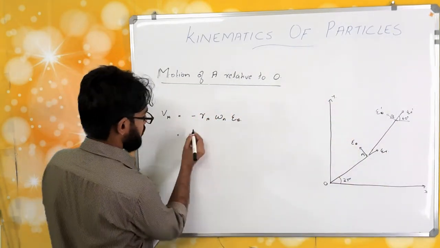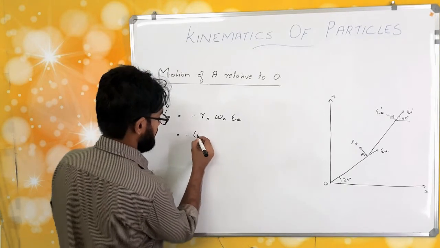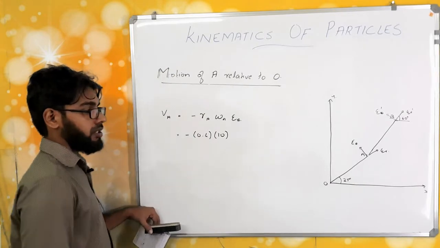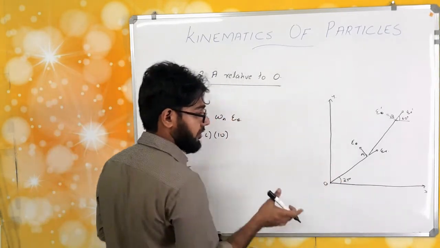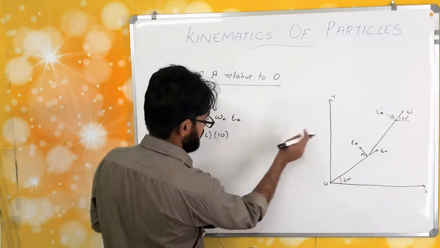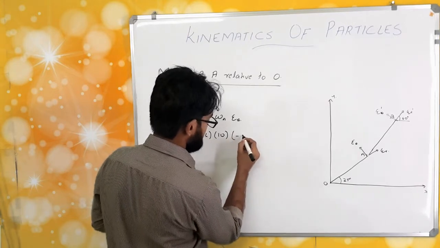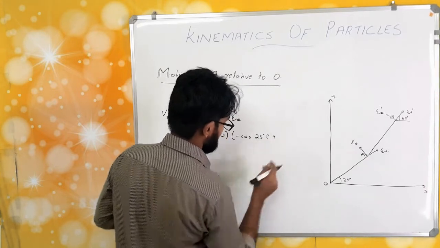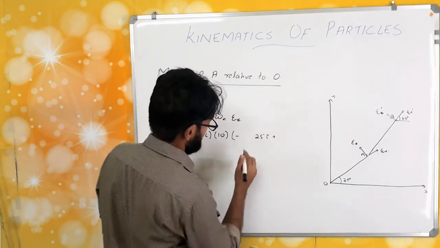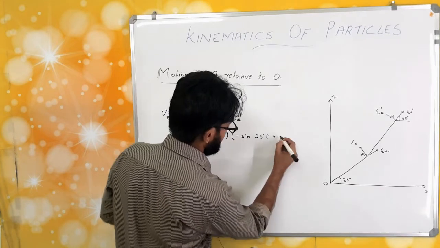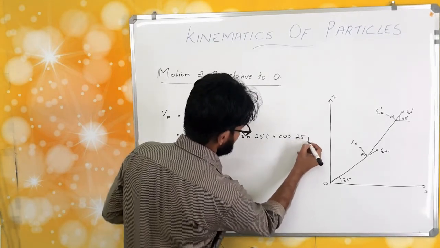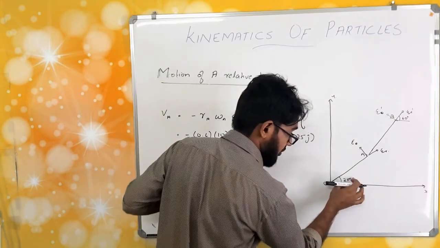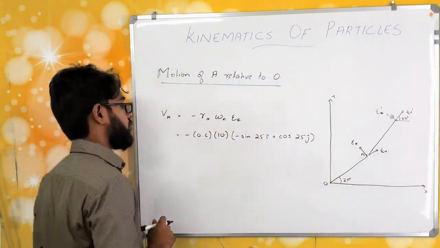So this will be equal to minus 0.410 epsilon theta. I can convert into the corresponding Cartesian coordinate which we had done earlier. So this will be equal to minus cos 25 I cap plus sin 25 I cap plus cos 25 j cap, since the corresponding angle of inclination is 25 degrees at that instant of time.